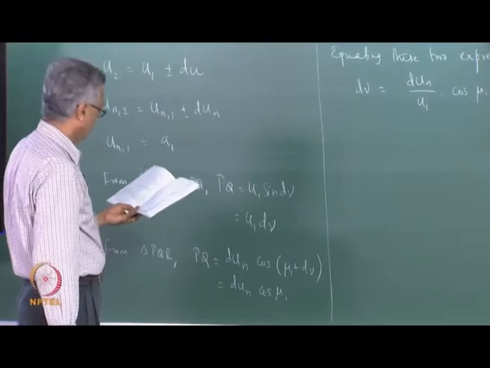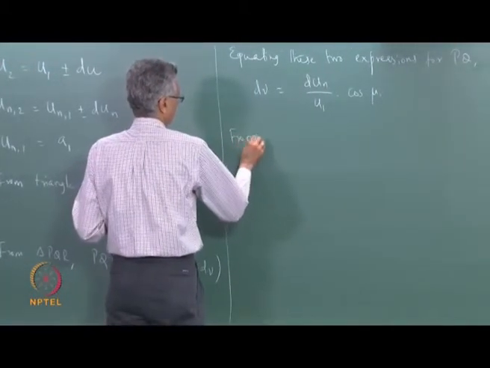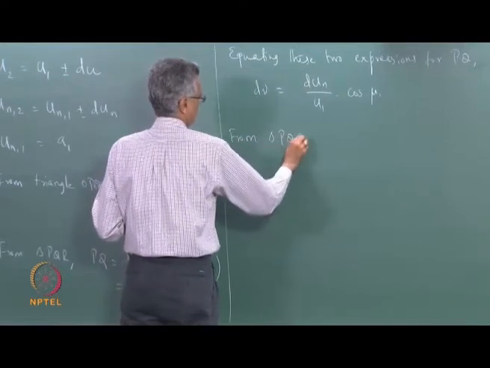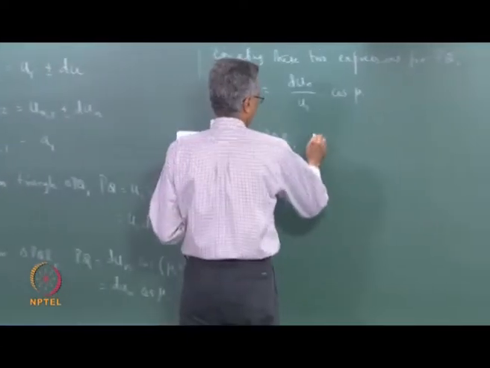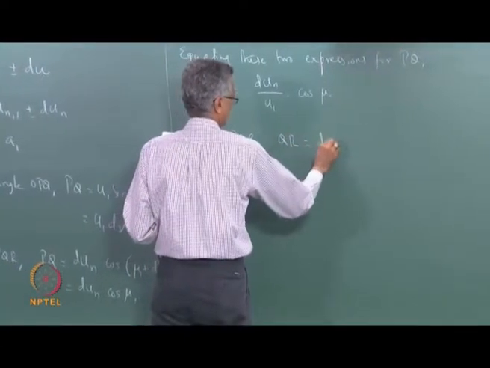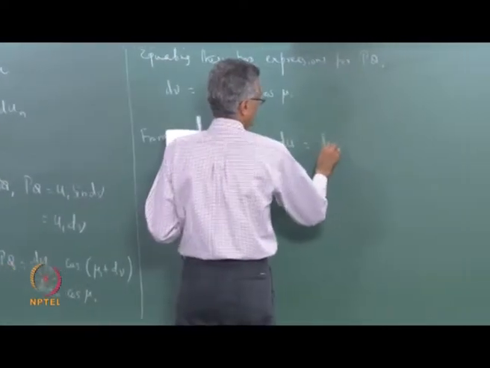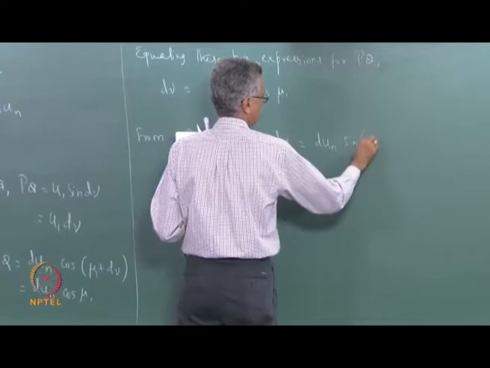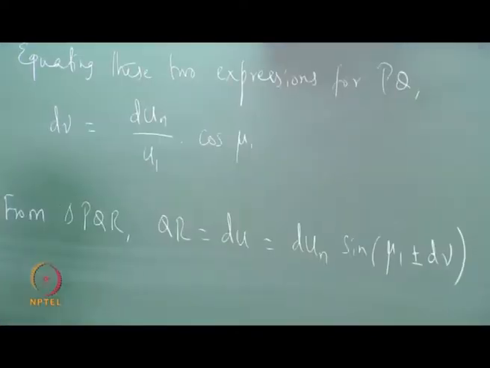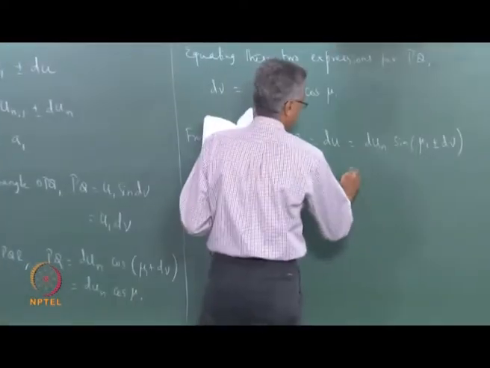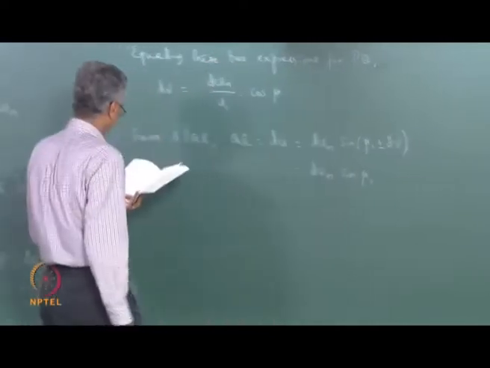Now, furthermore, from our velocity triangles, from triangle PQR, QR can be written as QR is equal to du, and that is equal to dun sine of mu1 plus or minus d nu, and for small values of d nu, this can be written as dun sine mu1.